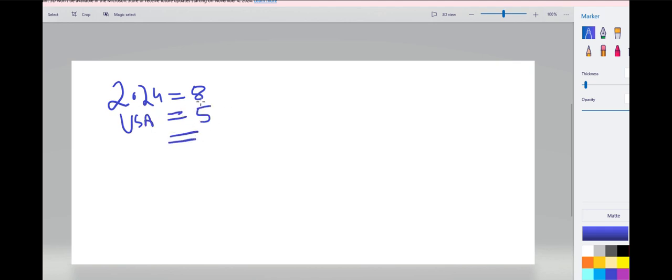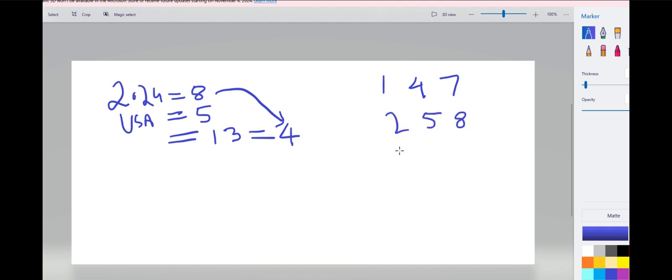So if I add these two numbers, 8 plus 5 is 13, which is 4, which is also 50% of this number. So 2 and 4 and 8, if you go to the fourth dimension, if you just do 2, 4, 8, it'll work on those numbers. So 5 also. 1 plus 3 is 4 plus 3 is 7. 2 plus 3 is 5, then 8, and the next is 3. So 1, 2, 3, and 3 offsets, 3, 6, 9.